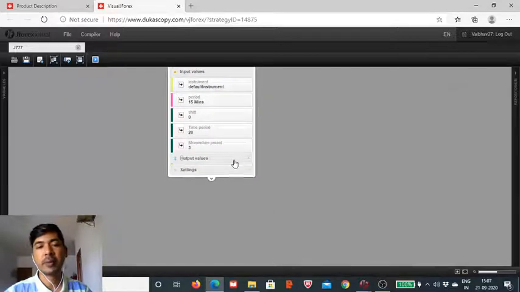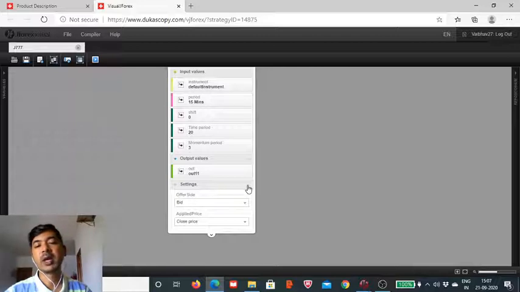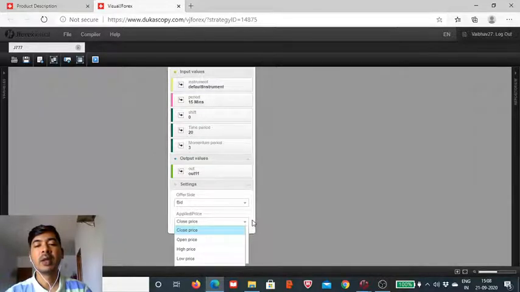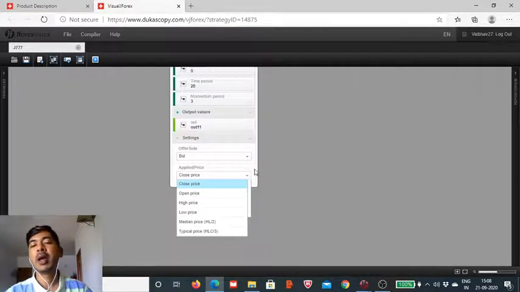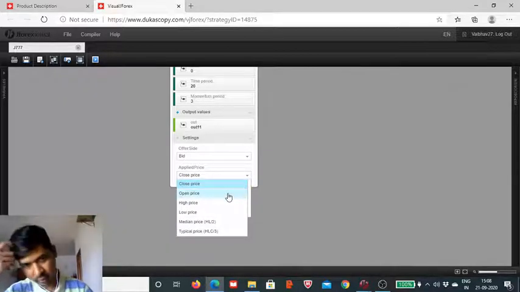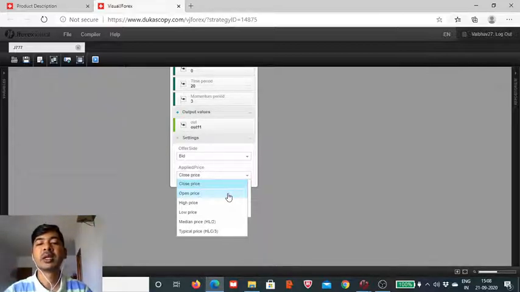Now coming to the settings part, here we can make some changes on which side you want the output value for the RMI to be calculated, whether on the bid side or on the ask side. You can simply change this, and then coming to the applied price, when we are looking at the RMI, if you want to take into consideration between the close price or say high price, so here basically for calculating purposes we will see that different outputs are generated depending on what side of price change we are taking in.